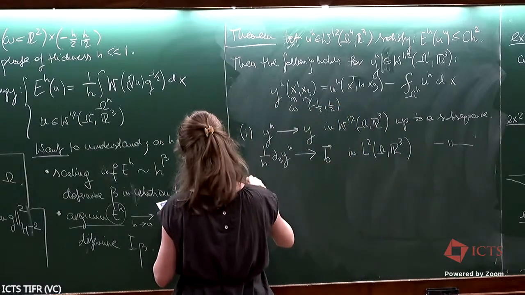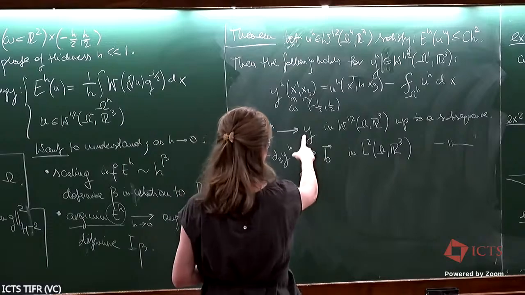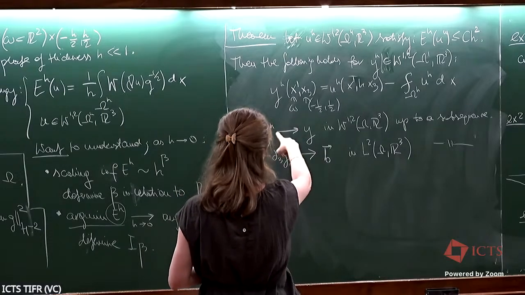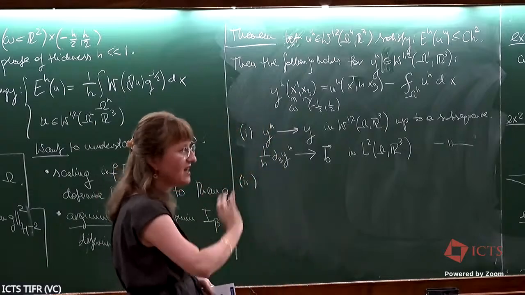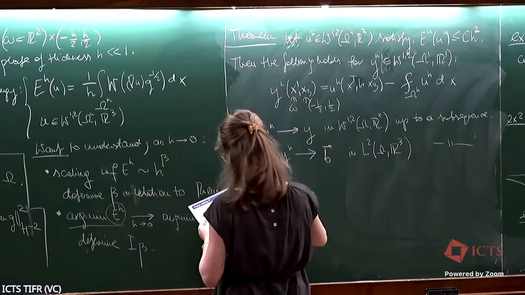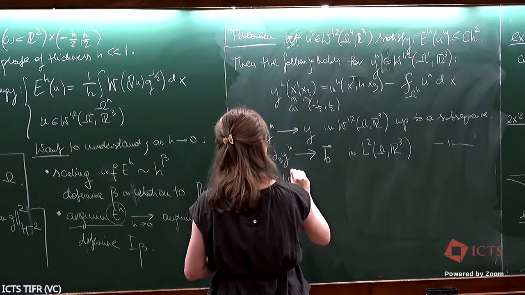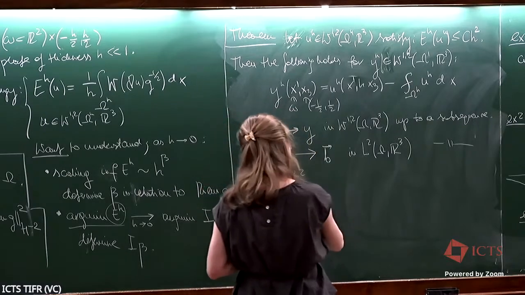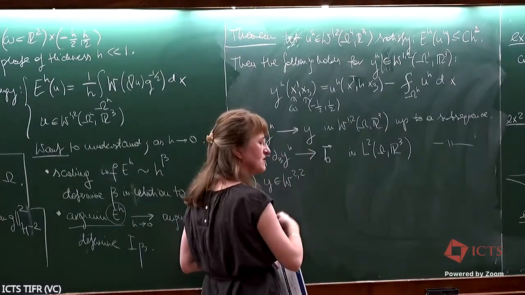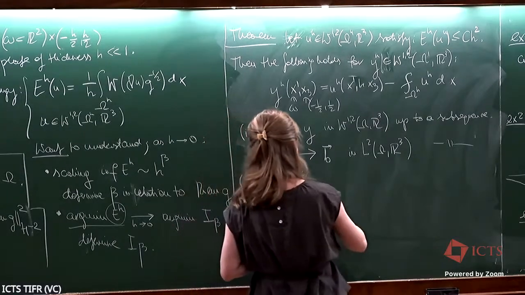This y, of course, I know is a strong limit in W^{1,2}. In fact, it has higher regularity: y is in W^{2,2}, it has two derivatives. So it is more regular than the sequence that it is produced from.